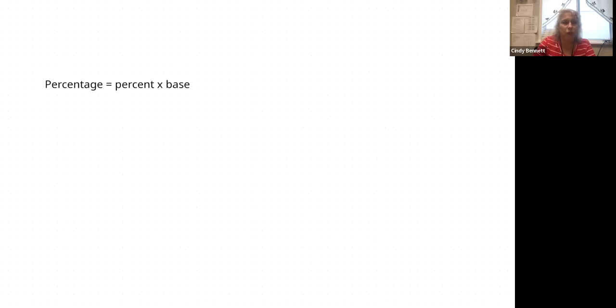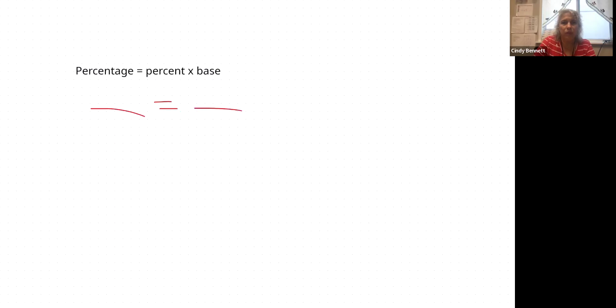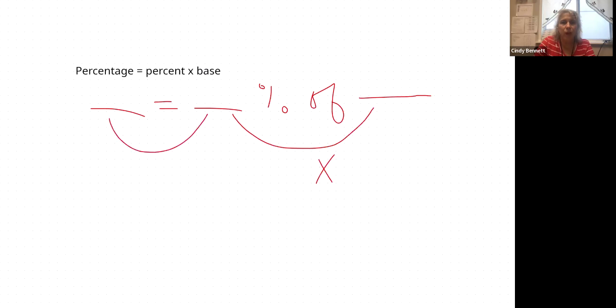The way I like to write it out to simplify it for students is blank equals blank percent of blank. And how I say it to students is if you have these two on one side, you're going to multiply. If you have these two items, you're going to divide.